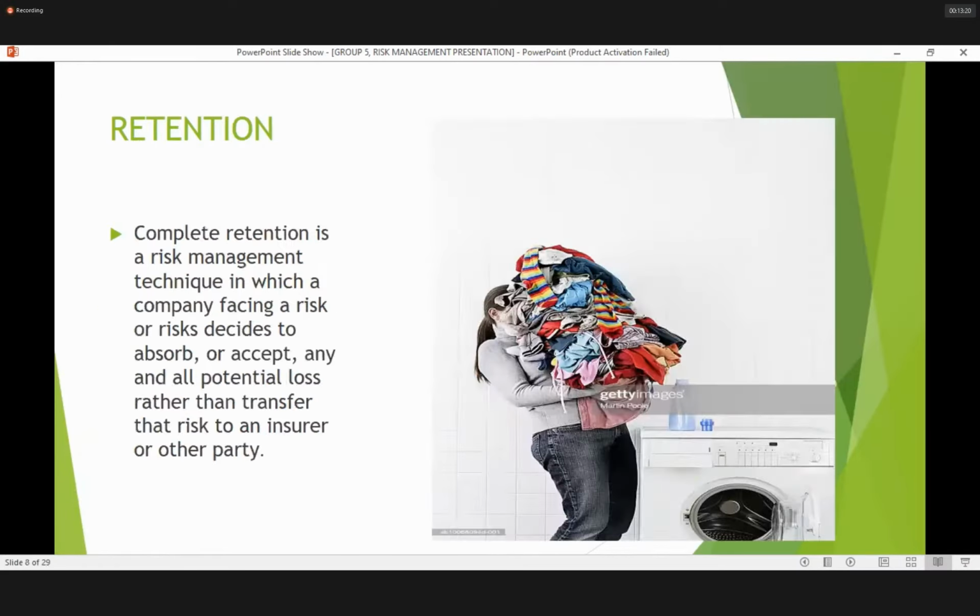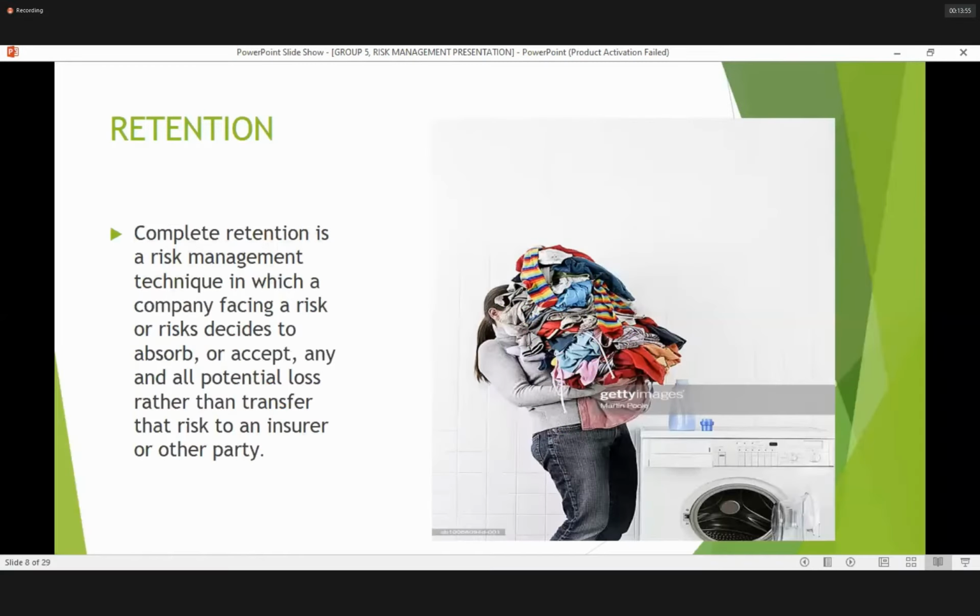When we come to retention, we said it is a risk management technique in which the company facing a risk decides to absorb, either a company or an individual decides to accept any potential loss rather than transferring it to an insurer or other party. We chose this example: a lady carrying her laundry, who has taken everything in a basket or basin for easy movement to the washing machine area.